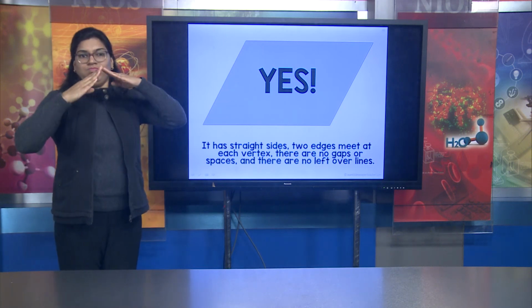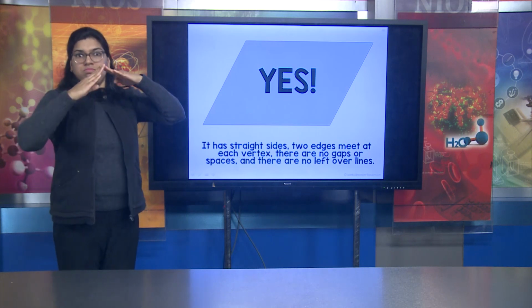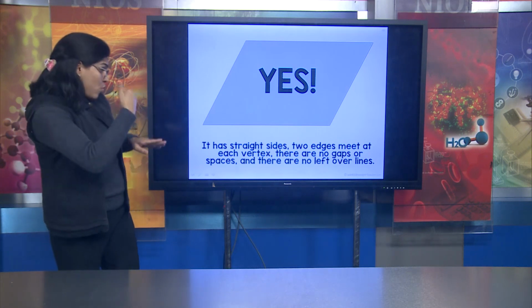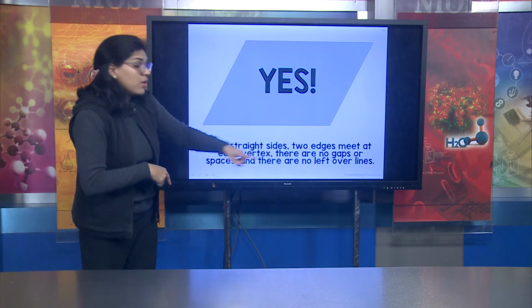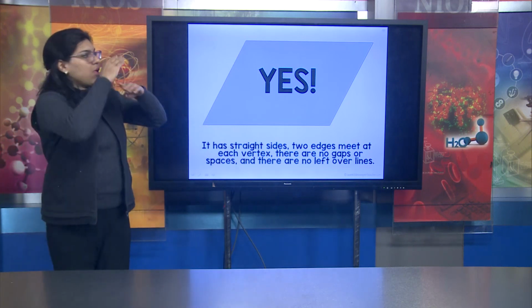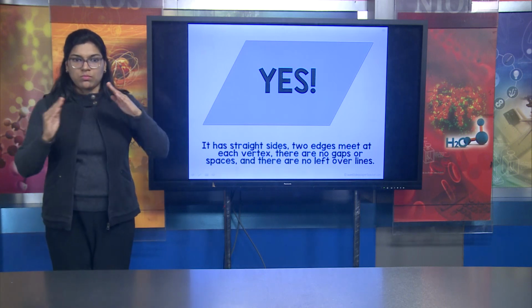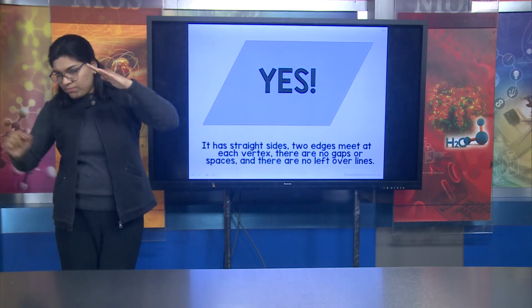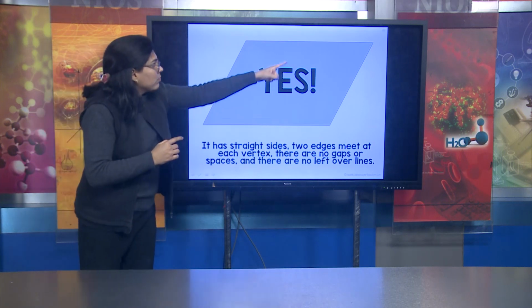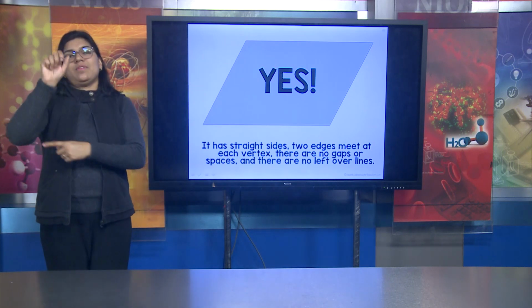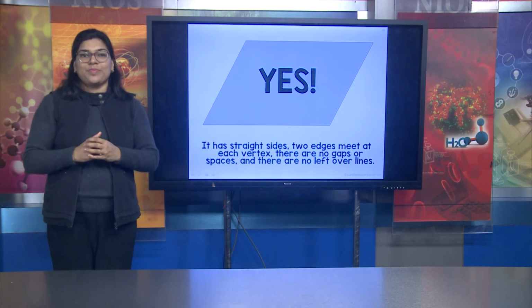No, because the vertex is perfect. The vertex has no gap. And also, there is no intersecting line or any line which is left over. So that is why it is a polygon.